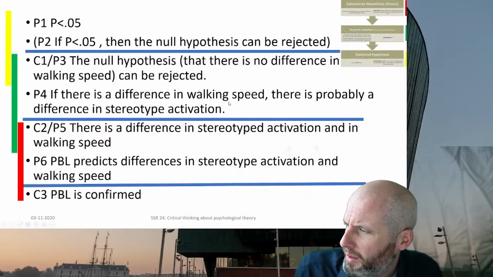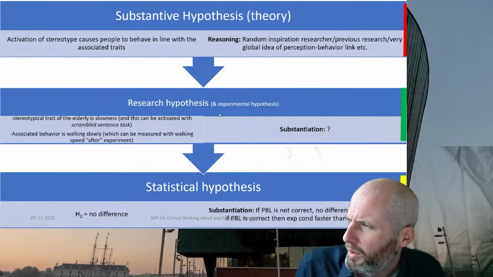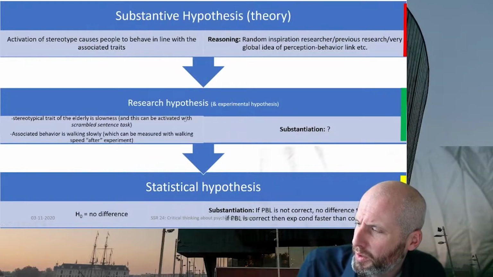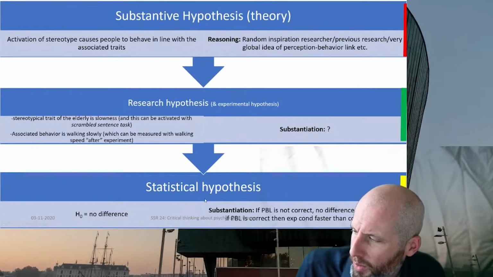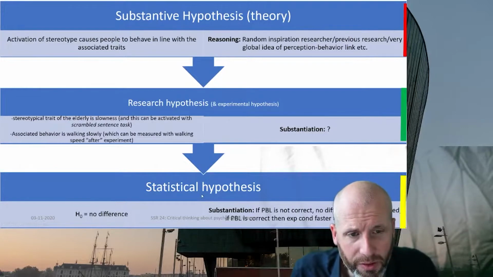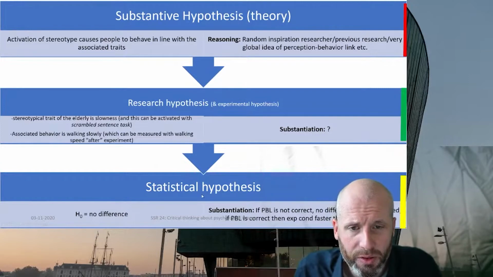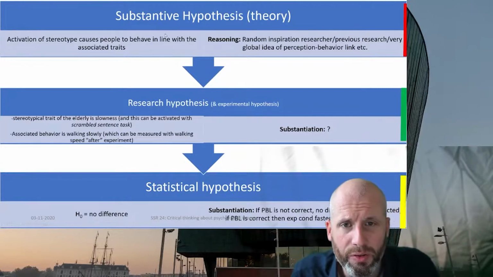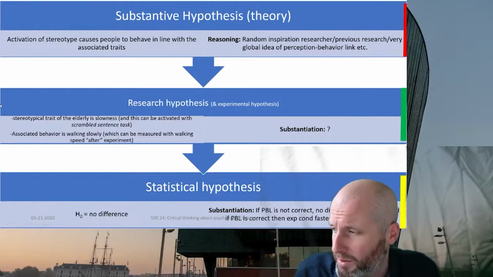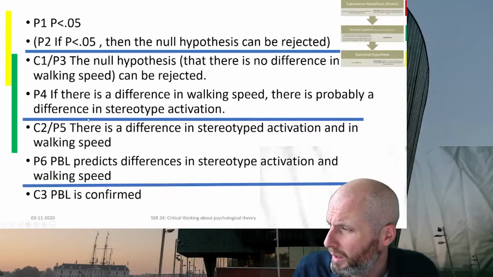Let's make that explicit. So I said that you're going from your substantive hypotheses to your research hypotheses to your statistical hypotheses and back. And if you say that in that second step of the null ritual, if you can reject a null, that basically means my theory is correct, you're just equating your statistical hypotheses with your substantive hypotheses. And that shouldn't necessarily be the case.